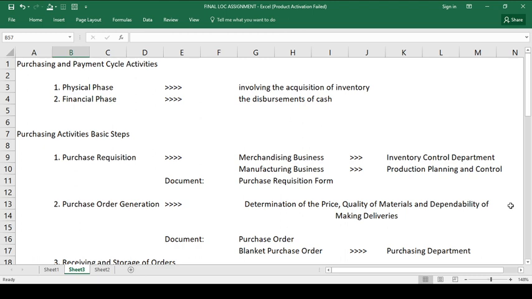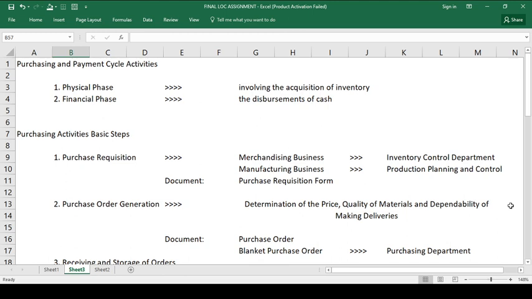Well, the production planning and control department prepares the purchase requisition form because yung requirement for raw materials for the production of the particular finished good inventory magsisimula sa production. Okay? So, the purchase requisition is prepared by the production planning. These are the departments only authorized to prepare this requisition form.